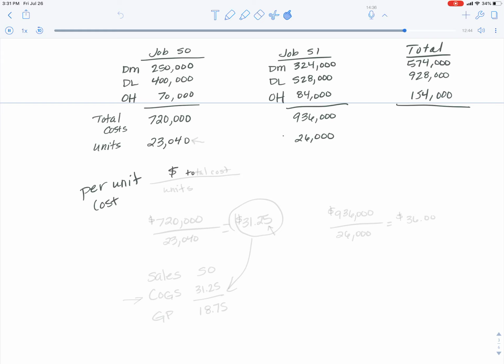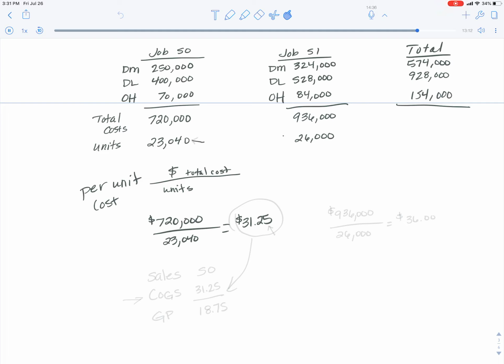Dollars, which is total cost, over total units. So you take $720,000 over 23,040. Dollars on the top, units on the bottom. And this will give us a cost per unit, like an average cost per unit of $31.25.